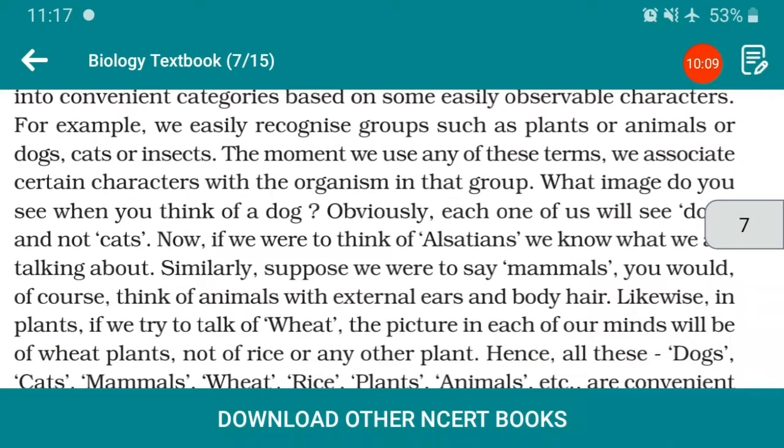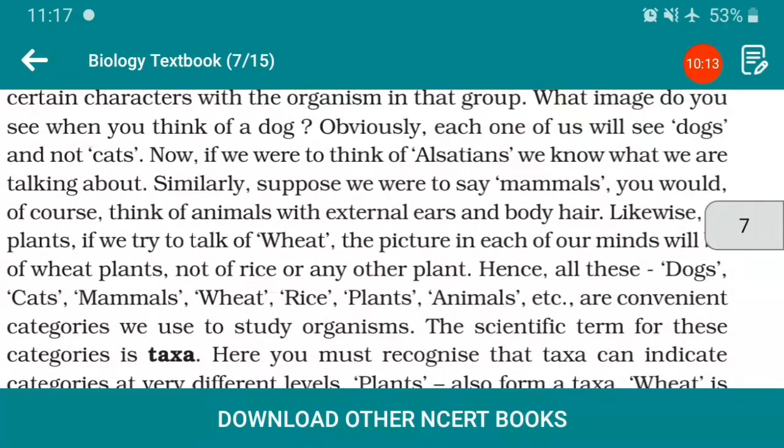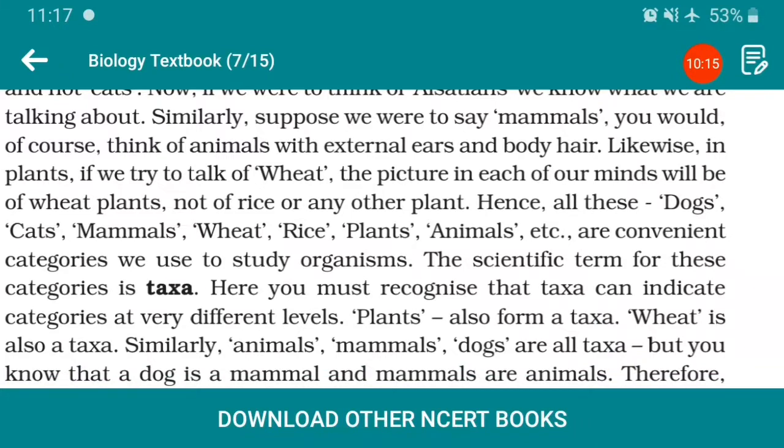So it is very easy for us to identify particular things in the classification, and after that the categories are termed taxonomical categories, where one branch is divided into many. Suppose one tree, that stem and then different branches. So in that we consider the taxa.